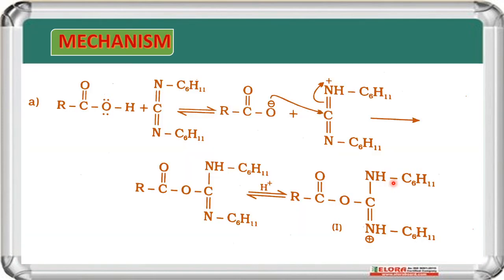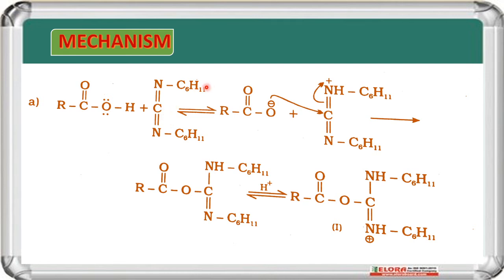So we have to see the next mechanism, how this amide and carboxylic acid are formed. See here is the mechanism. Now in this mechanism the starting substrate or reactant is the acid, RC(=O)OH, the acid group, which reacts with the DCC reagent.